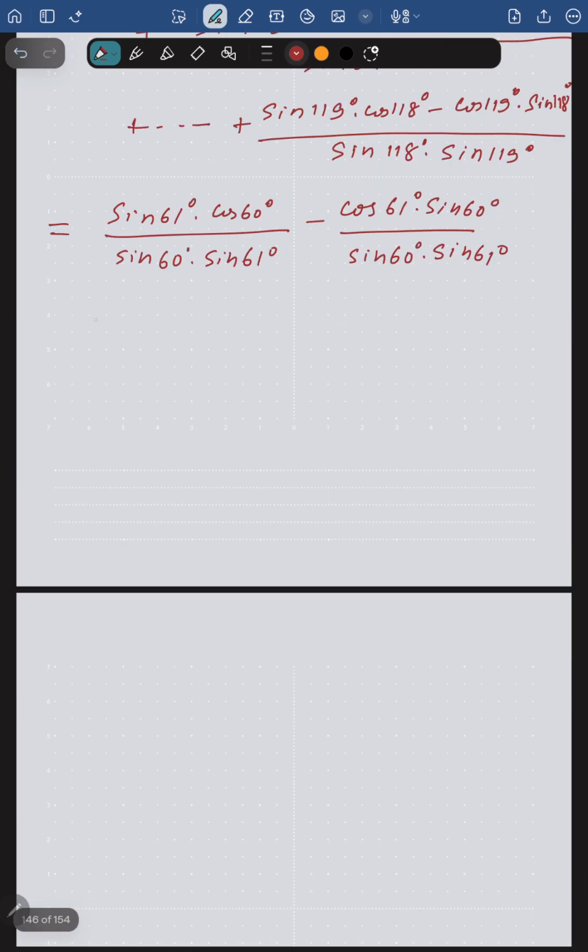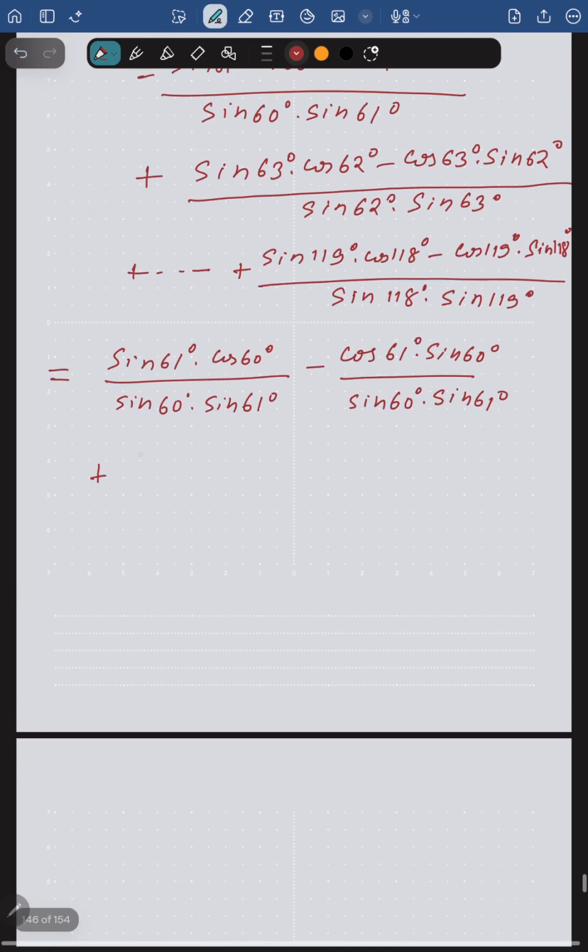Similarly we do for the second term also. So what is your second term?